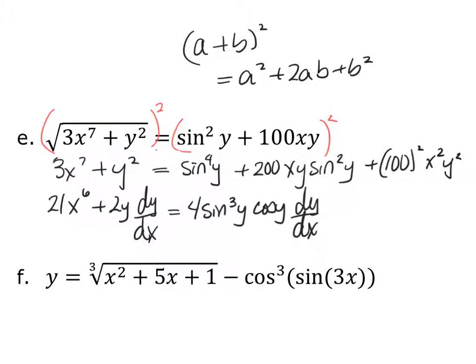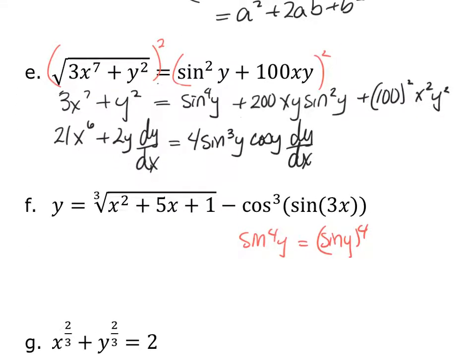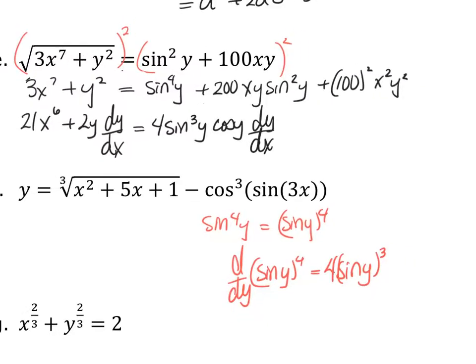So the question is, when I did the sine, I'm going to do this in red down here. When I did the sine for y, this is the same thing as sine y to the fourth, right? So when I do the derivative of sine y to the fourth power, it's going to be 4 sine y to the third power. And then it's going to be the derivative of my inner function, which is the cosine of y, and then the derivative of my angle, which is dy dx.